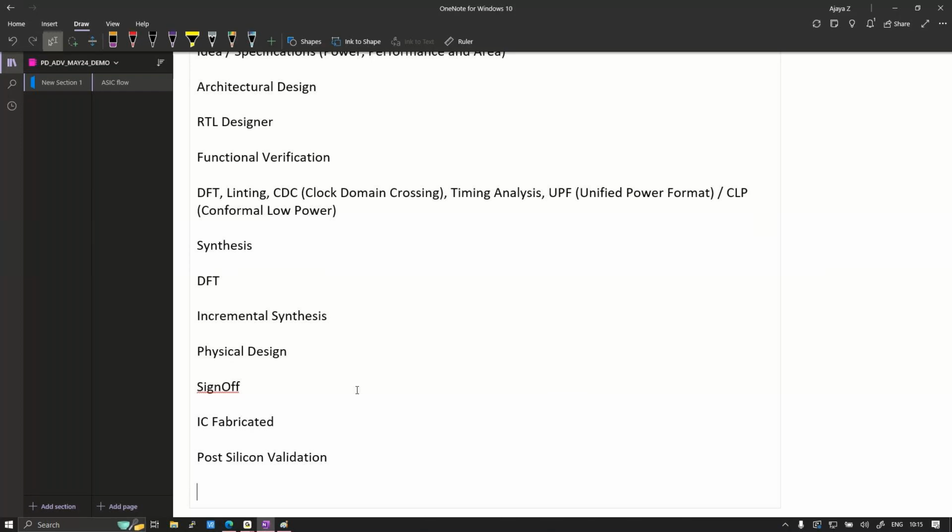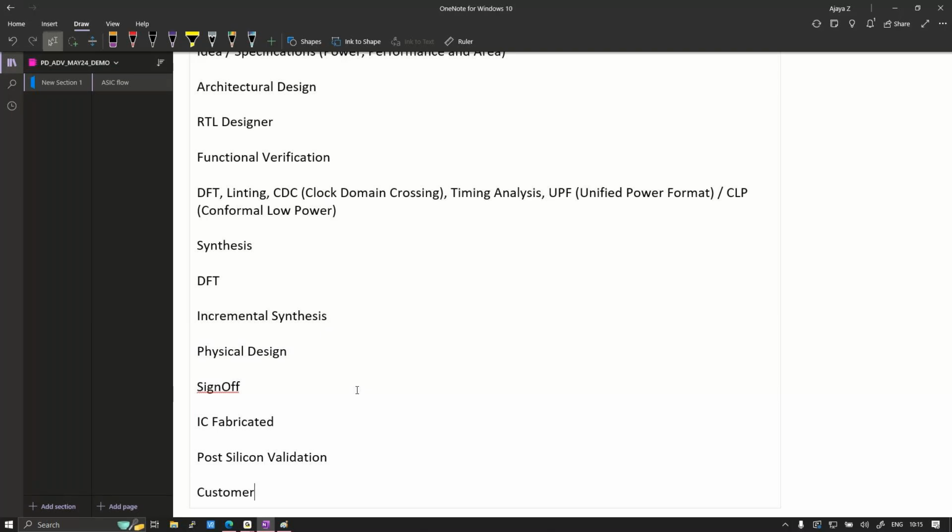If it is not successful, provide feedback to that particular team. Mostly it will be provided to the backend, where they will provide some functional modifications or metal layer modifications or timing modifications, which we call ECOs. After that, it goes to the customer if it is successful. If not, it will be provided back.